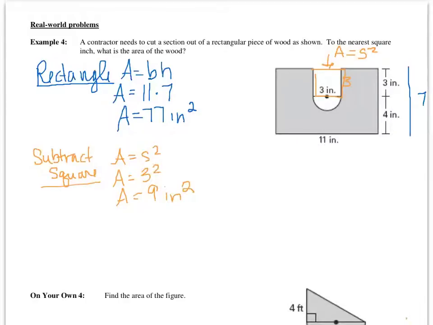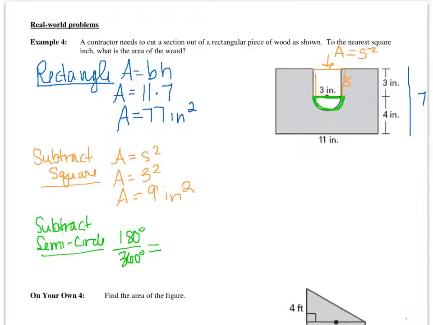And then I'm going to also need to subtract this semicircle right here. So we're going to subtract semicircle. Now, I know this is a diameter, so this is 180 degrees. So I can say 180 degrees out of 360 degrees equals, well, I know my diameter all the way across is 3, so halfway across for that circle would be 1.5.